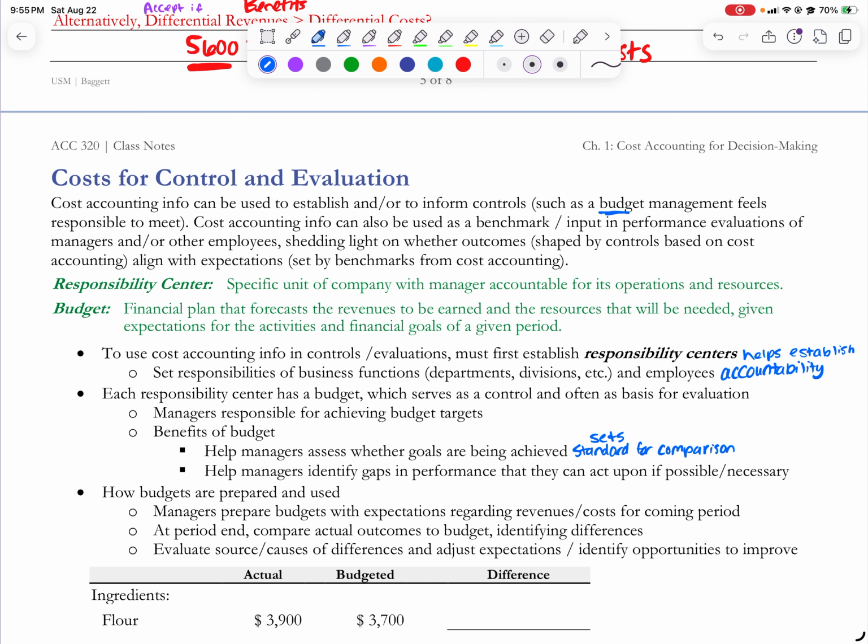It can also be used to help evaluate managers' performance against that budget, with the initial costs that were pulled to help build the budget, with those helping to set the benchmarks they're being compared against.